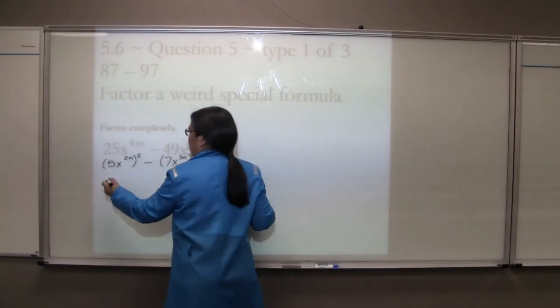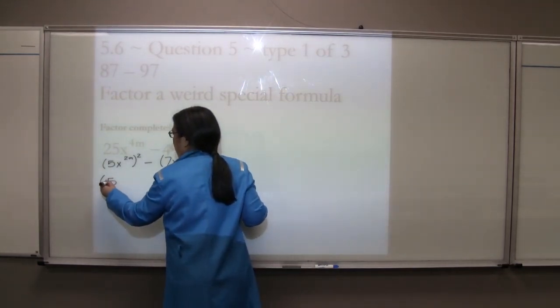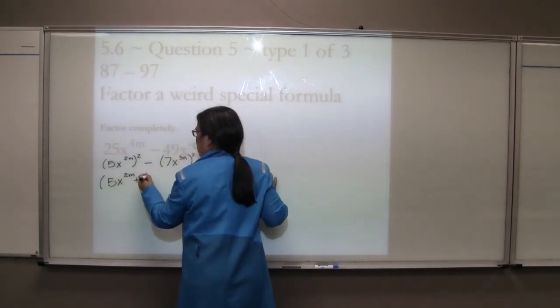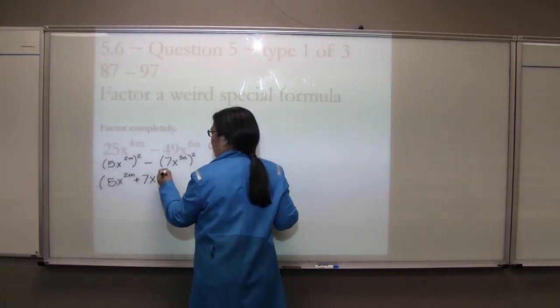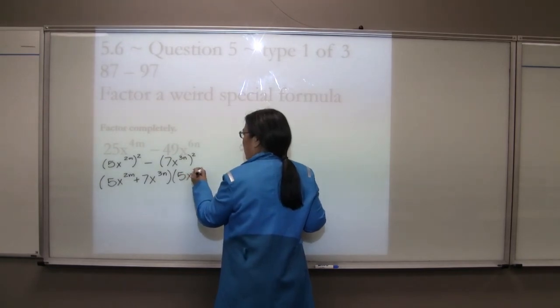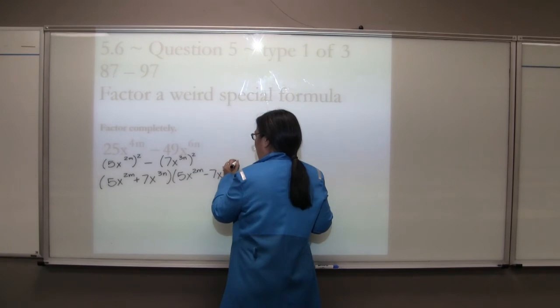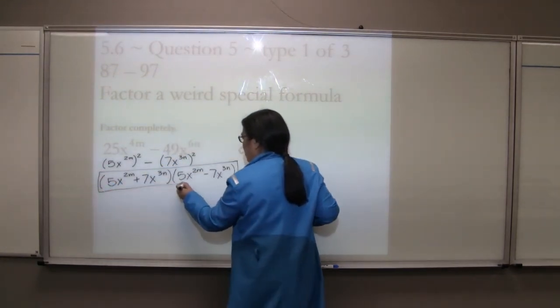So the way we do a difference of squares, we do not actually need this, but it would break up as 5x to the 2m, one version plus 7x to the 3n, and then one version with 5x to the 2m minus 7x to the 3n. And that is our answer. One version with plus, one version with minus.